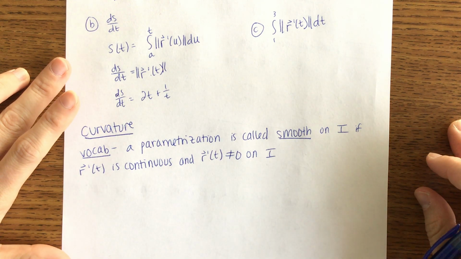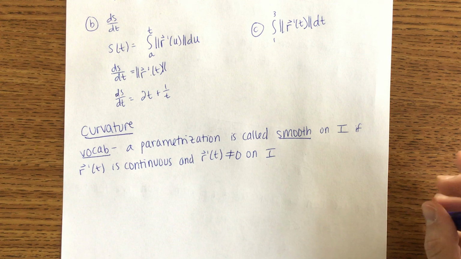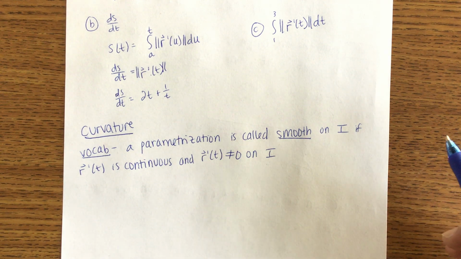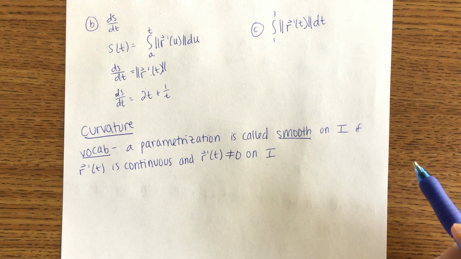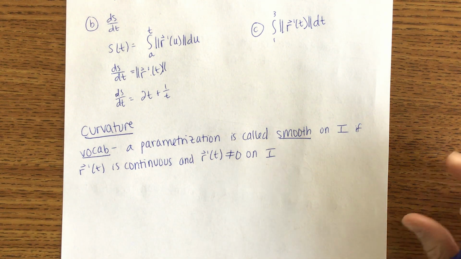Then we call a parameterization smooth. So we can either say a smooth curve or a smooth parameterization. It's the smooth that you think it is. Like there's no cusps, there's no sharp corners, things like that. That would be smooth.